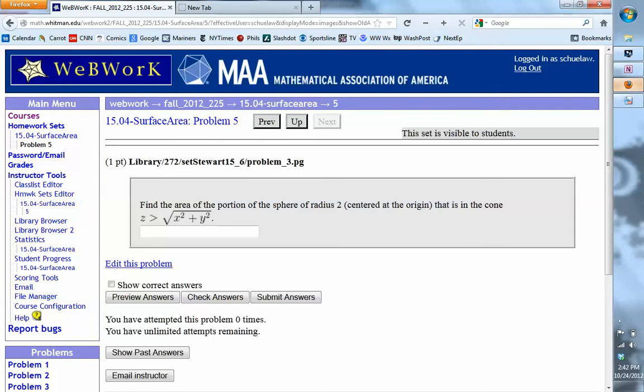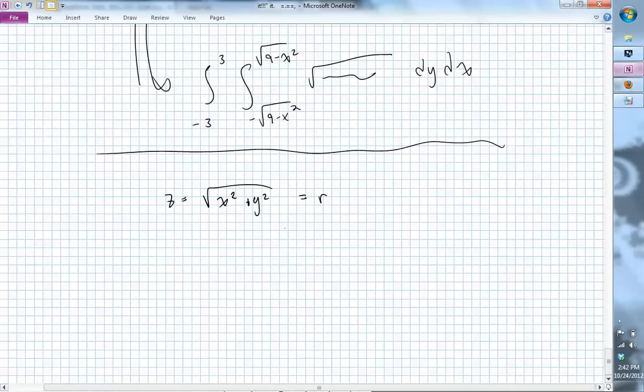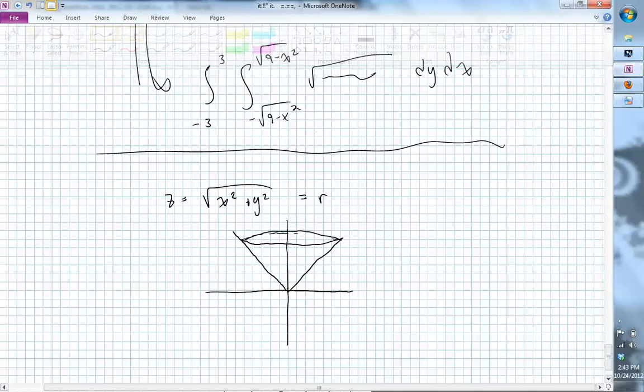Okay, so let's do a sketch here. And let's just sketch that in like that. Okay, so there's the cone, and I'm just drawing the edge of the cone, but it's all the space inside of it.